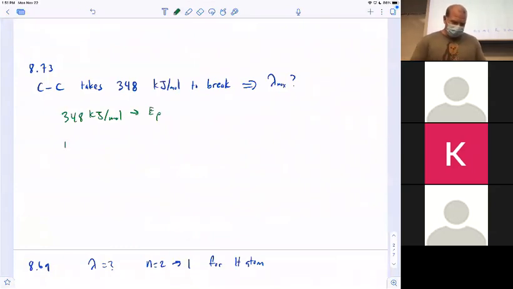Energy per photon is going to be hc over lambda, which implies that your wavelength is going to be hc over E. And you plug it all in.